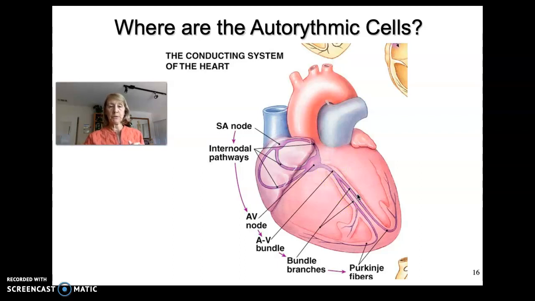And those are bundle branches. And they branch down to the bottom and then are going to make their way up the sides of the ventricle. And those are the Purkinje fibers. Okay, so that's the sequence that this tag team plays, radiating this electrical activity through the heart.